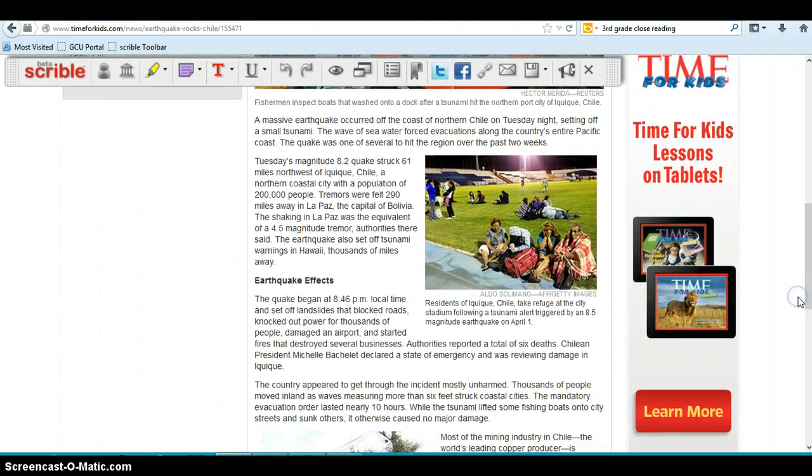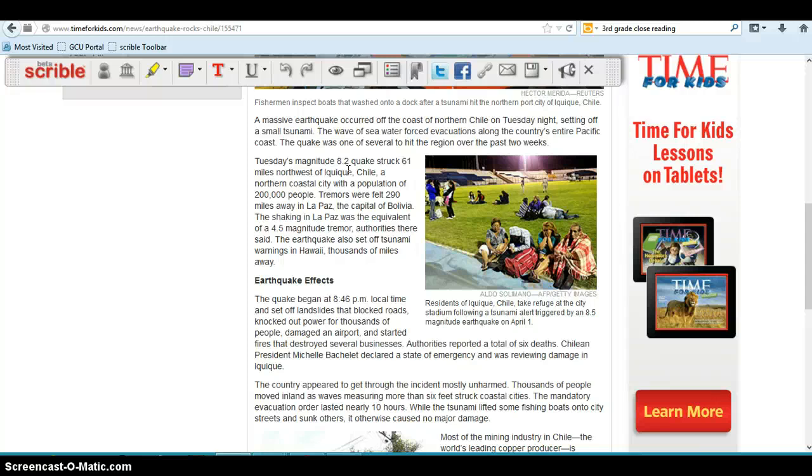The main idea is actually in the very first sentence. A massive earthquake occurred off the coast of northern Chile on Tuesday night, setting off a small tsunami. That is the main idea, because the rest of the article is about that. It is about the earthquake and the tsunami that occurred in northern Chile.